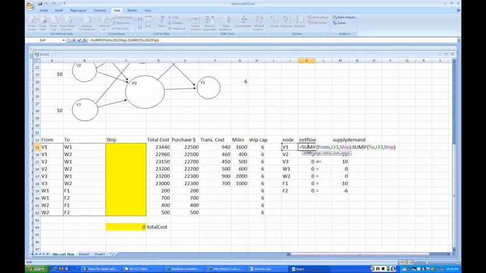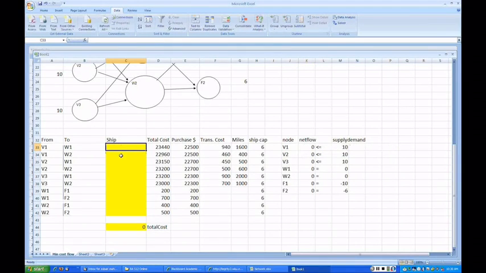SUMIF means go from the list that we have here. J33 is what is here, V1. In other words, go to the from list and only take the V1 entries, and then sum those, basically how much gets written here from V1.